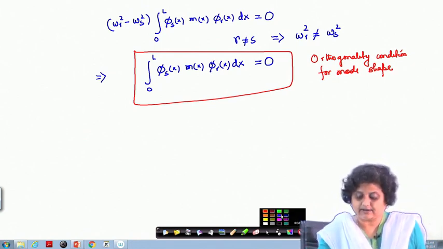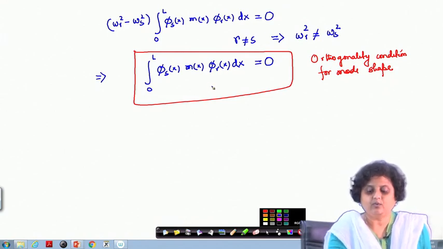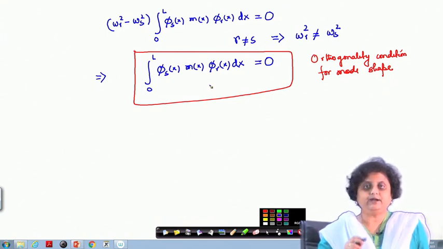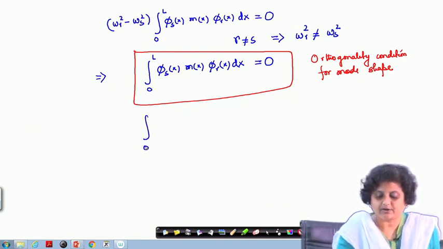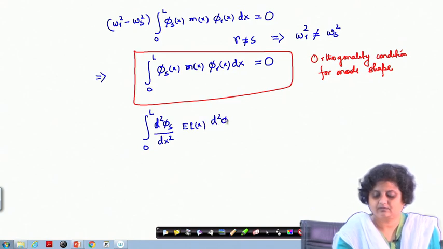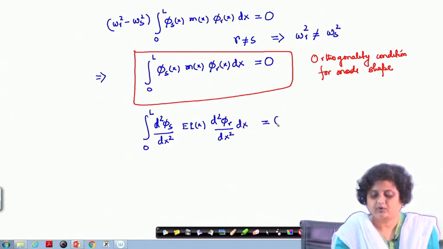We have another expression. If this is equal to 0, then from either equation 3 or equation 4, we get another expression which is 0 to L d2 phi s by dx square ... Right.